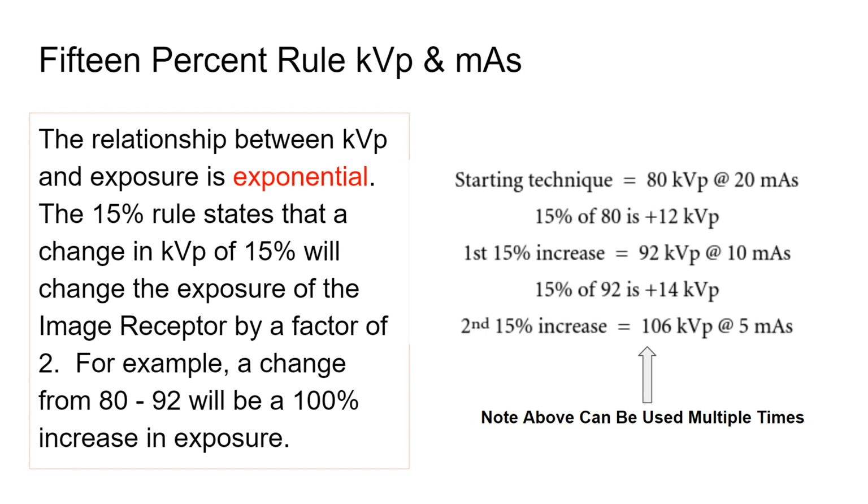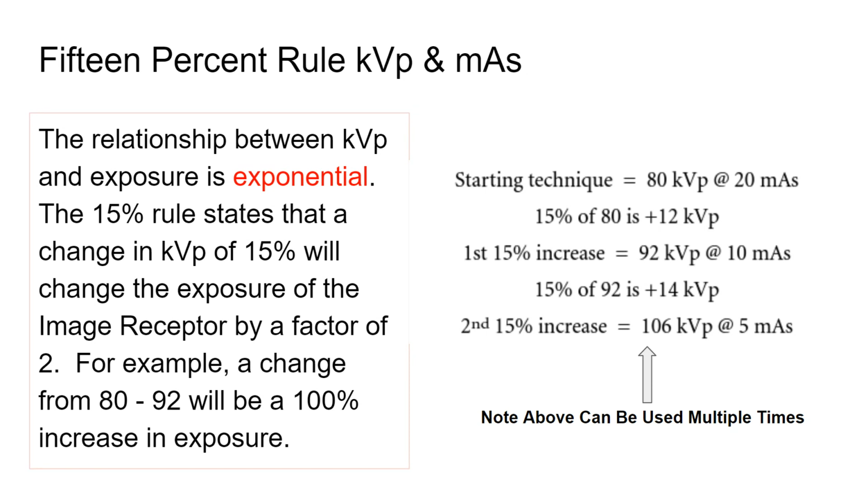And the reason why I put this here is because I want you to know, and there will be a test question like this, that you can apply this rule multiple times. So I'm not saying this is the question, but if we're in the lab and I look at something and the image needs to be adjusted, and I say you need to double your technique, then you can go up 15%.